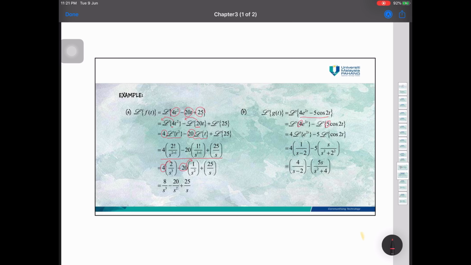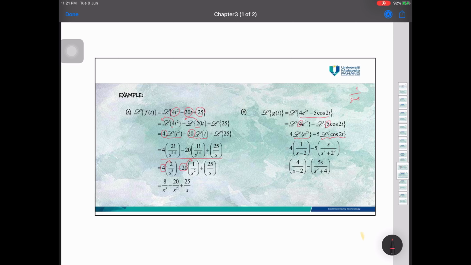So what you are left with is the Laplace transformation of e to the 2t, where we can use the formula that we learned before, as well as the Laplace transformation for cos 2t. The Laplace transformation for the exponential is 1 over s minus a.